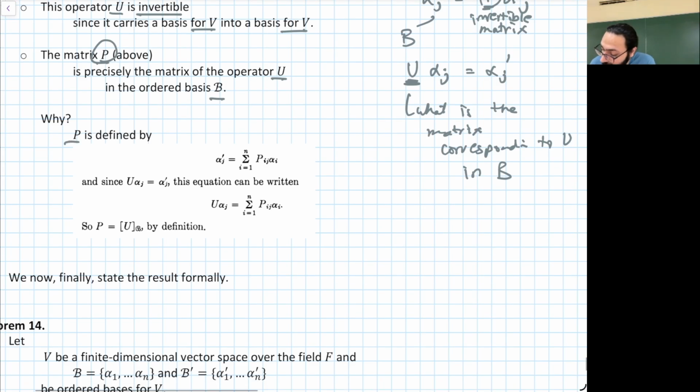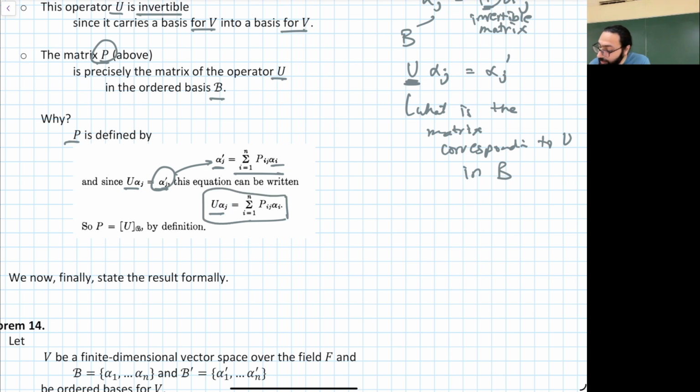So P was defined as follows: alpha j prime is some linear combination of alpha i's using the P's. And now since U alpha j is the same as U alpha j prime, one can rewrite this equation as follows. You take U of alpha j, and here you get alpha j prime, you substitute from the equation above, and you get this equation.